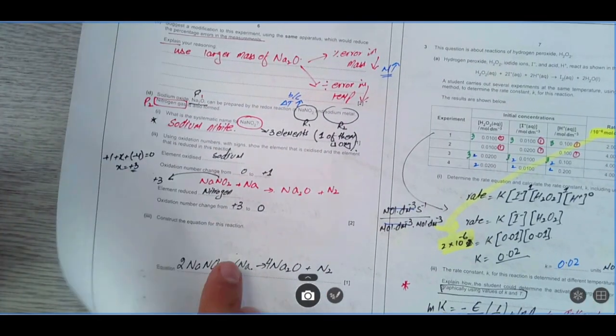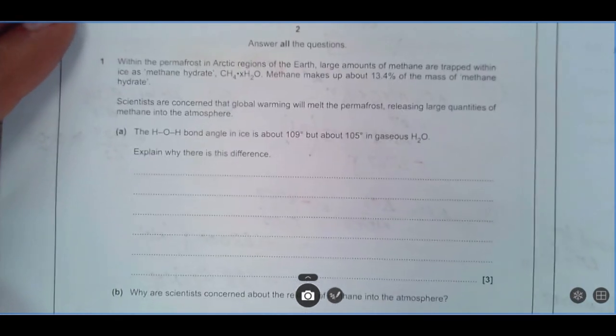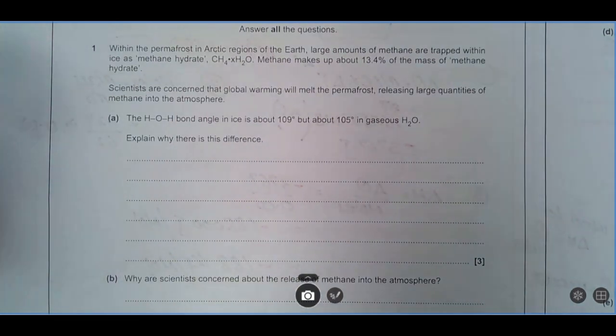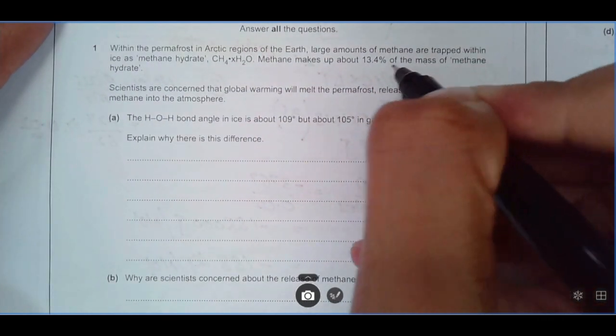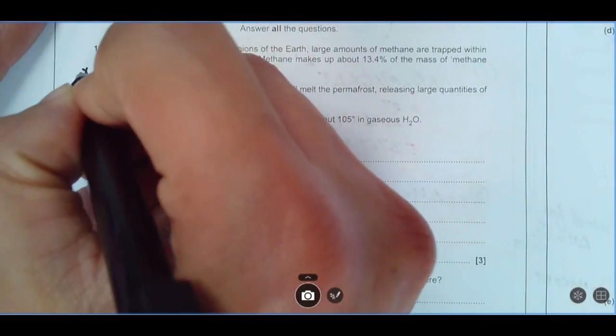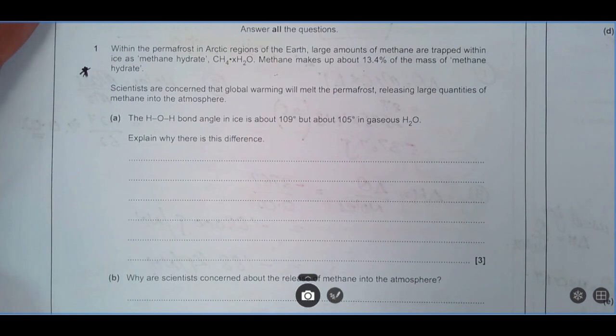One last question on this. Within the permafrost in the Arctic region of the Earth, large amounts of methane are trapped within ice as methane hydrate, CH4.XH2O. Methane makes up about 13.4% of the mass of methane hydrate.